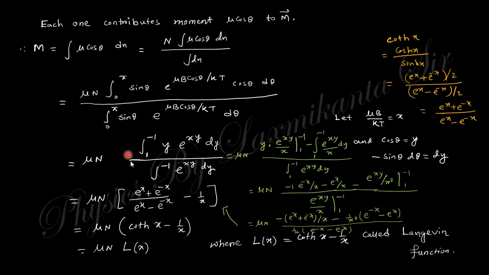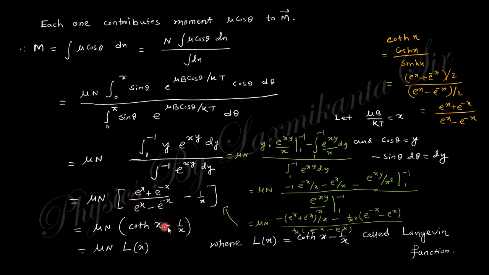And in both cases this minus cancels out, and if you put in the limits, cos 0 is 1 and cos pi is minus 1. That's why the limit is 1 to minus 1. If you integrate by parts and put in this value, you can easily find this expression. Do this calculation along this path, you will obtain this expression.